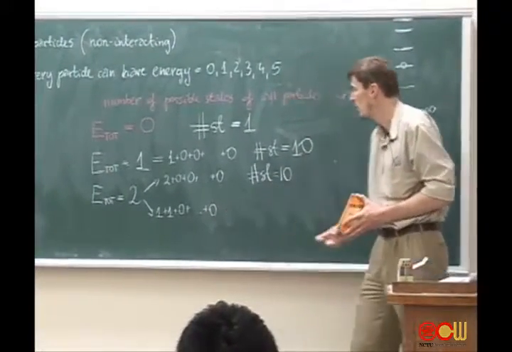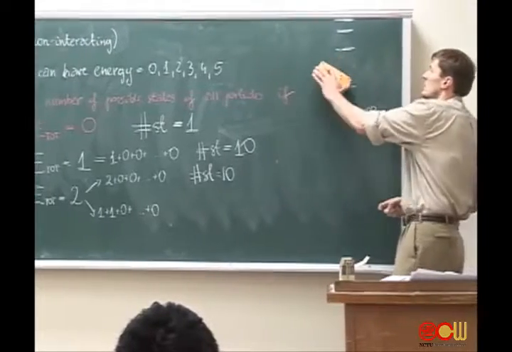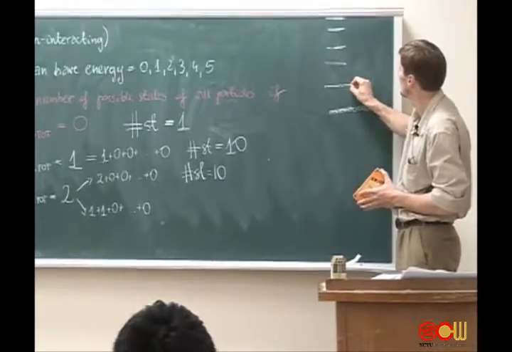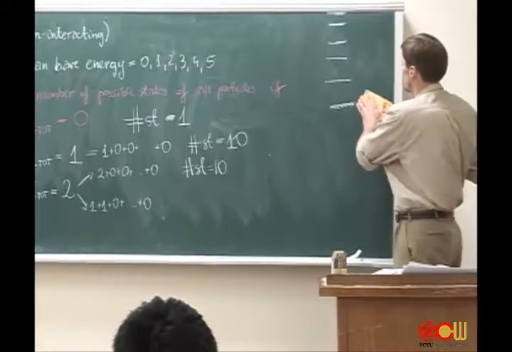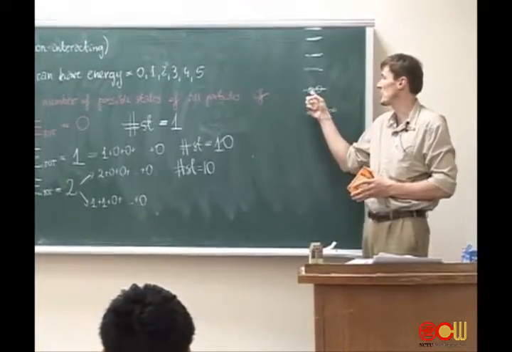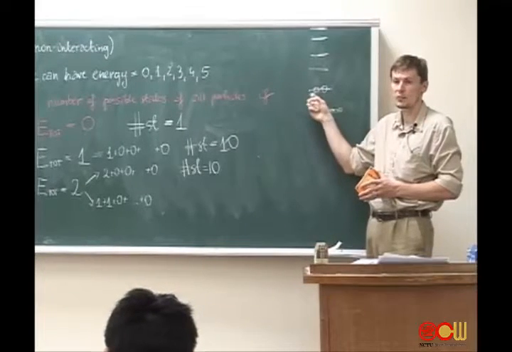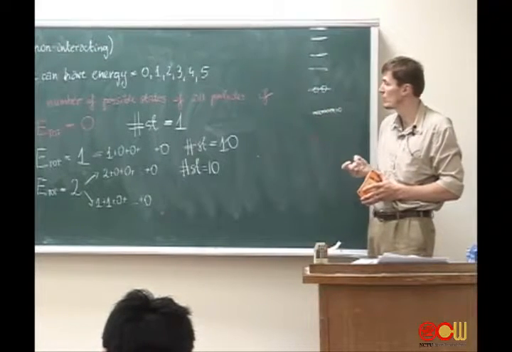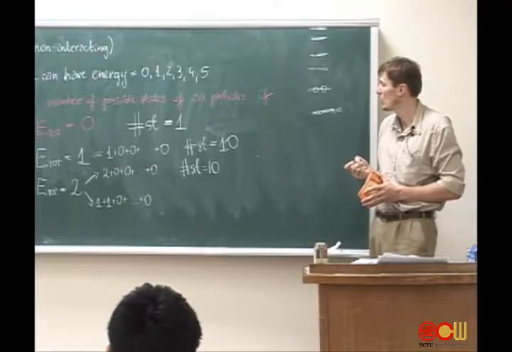What about this one? Here it is a bit more complicated. Here we have two particles shifted. It can be particles 1 and 2, 1 and 3, 1 and 4. We have to calculate all possibilities of this.